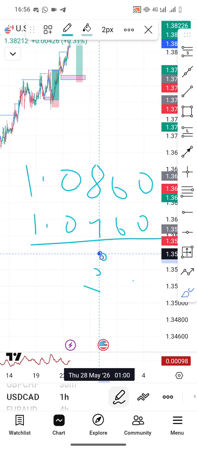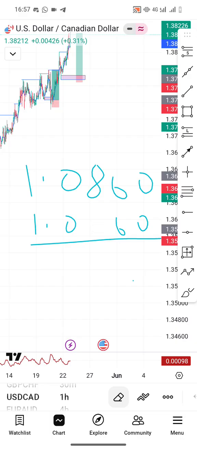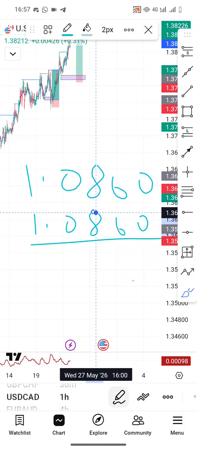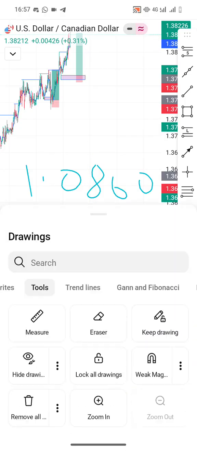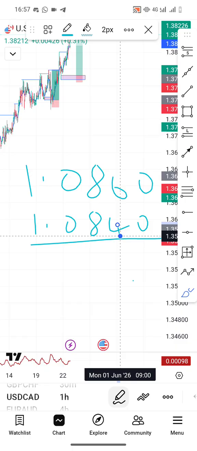So say, for instance, the market moves from 1.087 right here to 1.084.